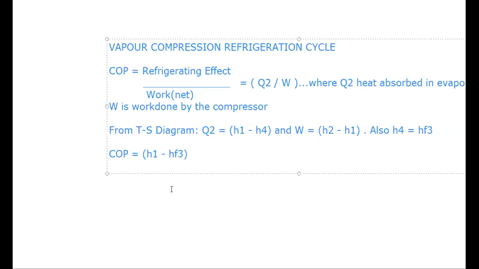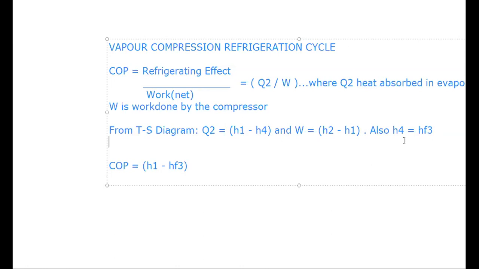So Q2 is equal to H1 minus HF3, and I am substituting that in the COP.